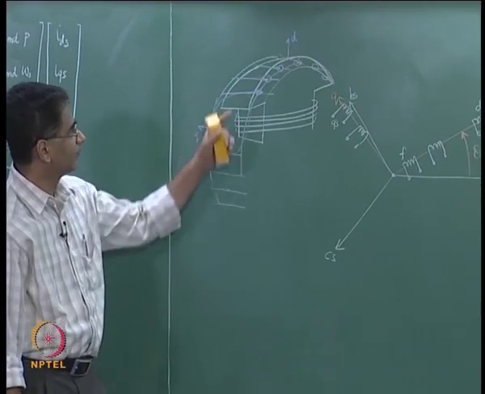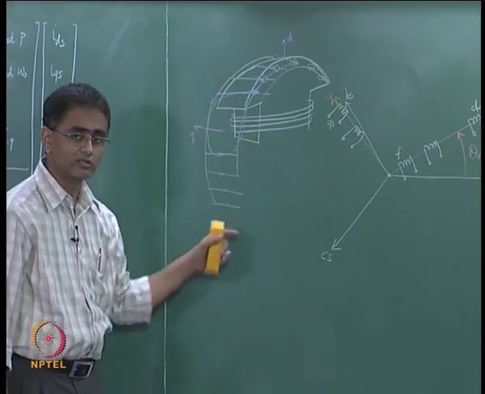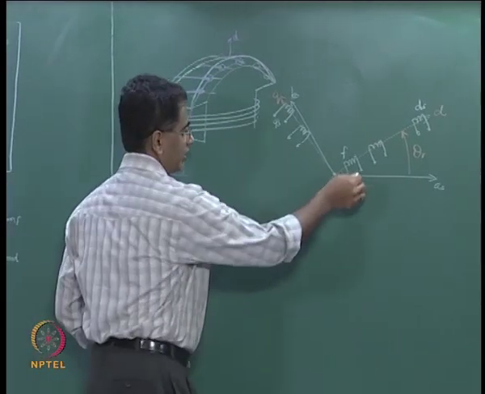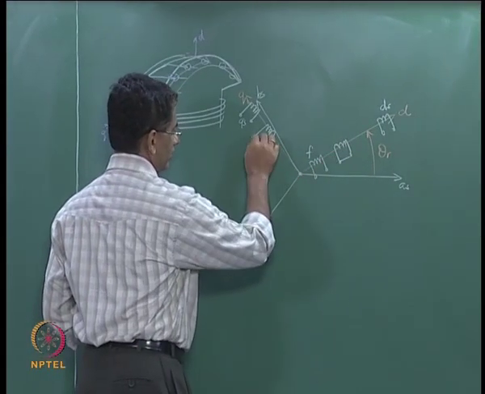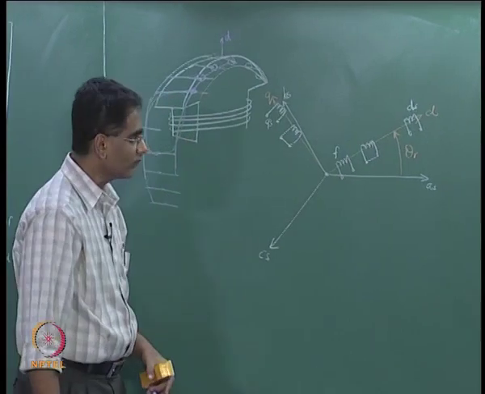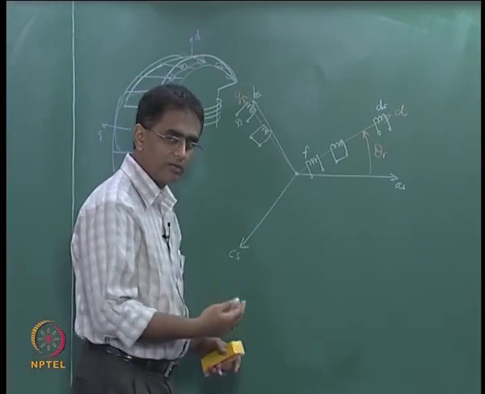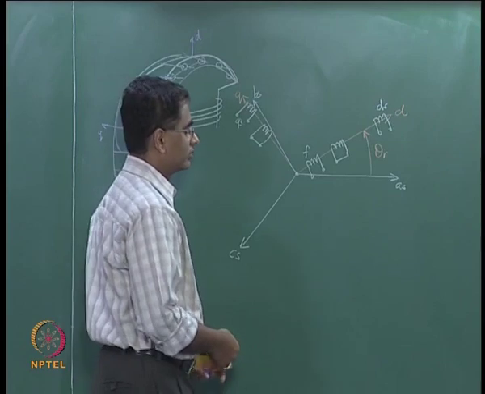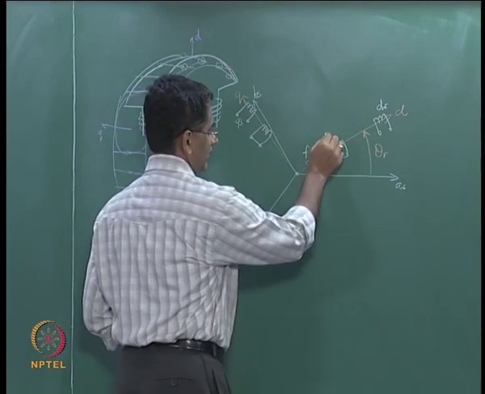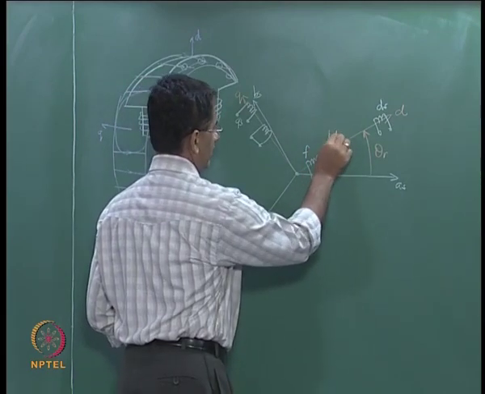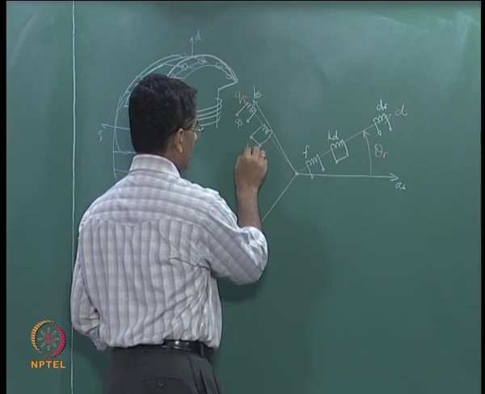Now since these are always shorted by the shorting rings, we normally consider these two coils to be shorted, and the normal symbol that is used to represent these two are KD coil and KQ coil.